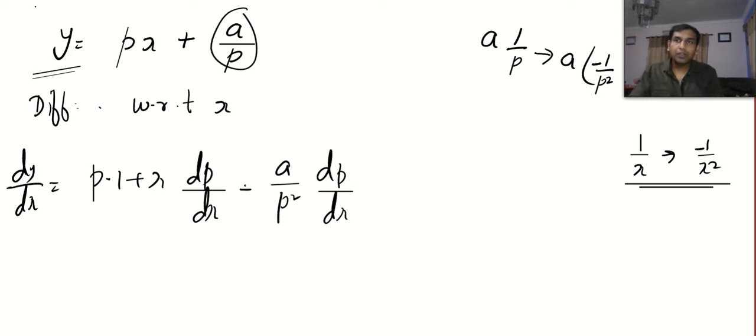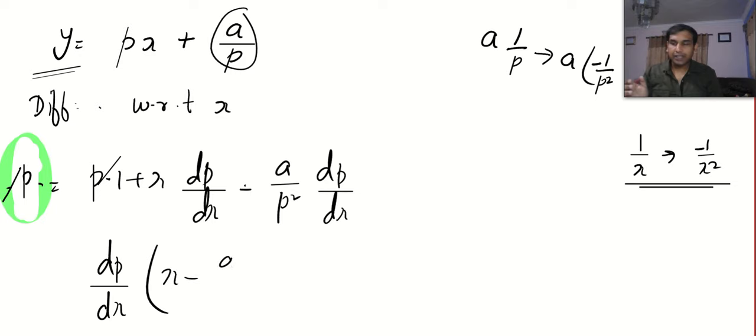Now look at this. What will we do with dy by dx? That will be replaced with p. And like I told you before, in every Clairaut's equation, this p and p is going to get cancelled. So we get dp by dx times x minus a by p square is equal to 0.